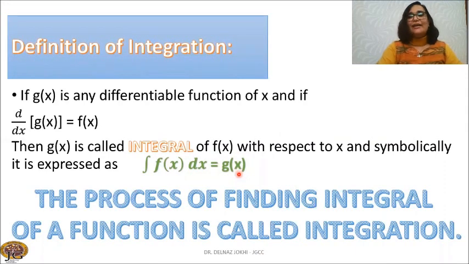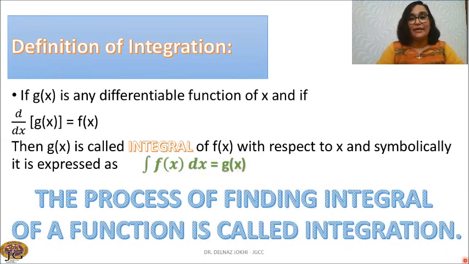Okay, now let me make the meaning of integration a little easier for you. The process of finding the integral of a function is known as integration. And what is the integral? That little g(x) which you see over here is the integral.